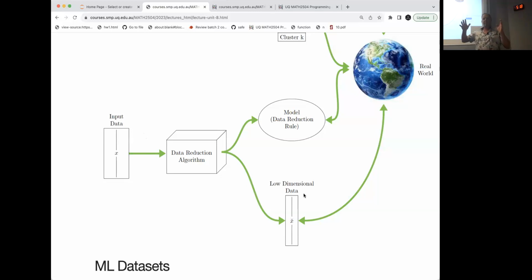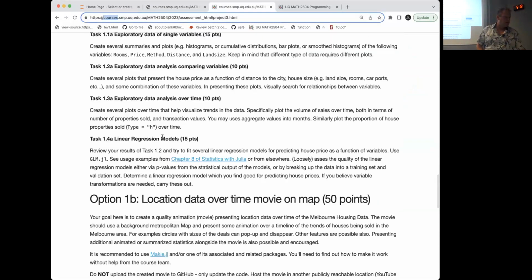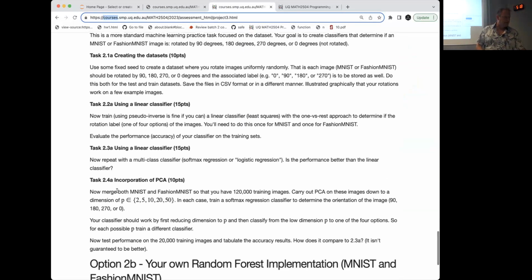So you've taken something that's in a high dimensional space, because we can only visualize 2 or 3 dimensions at a time, unless we visualize the image, and you put it in a lower dimension. Why would you do this? Well, we'll come back to that after we get to that part. For example, this is task 2.4a in the homework.